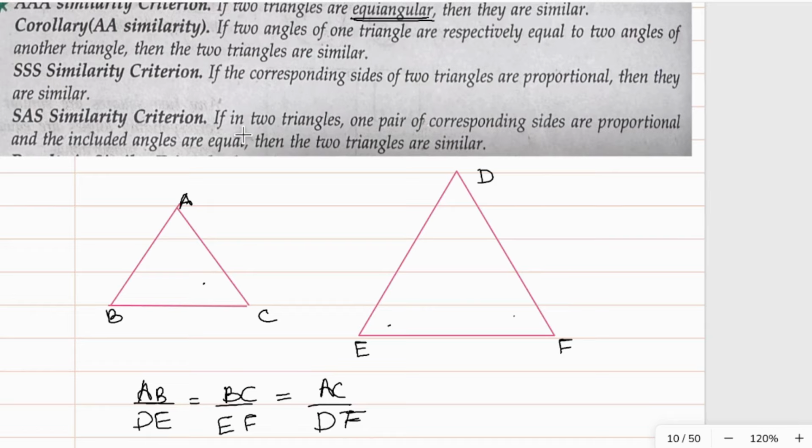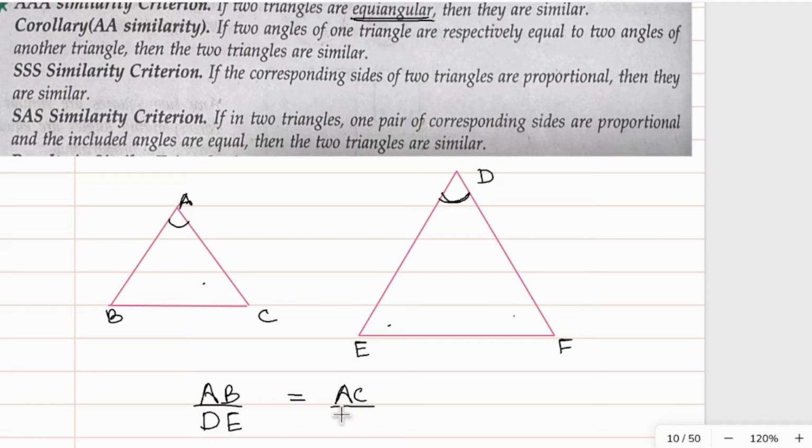Two triangles are similar if one pair of corresponding sides are proportional and the included angles are equal. For example, taking the same triangle ABC and triangle DEF, think that angle A is equal to angle D, and AB by DE equal to AC by DF.